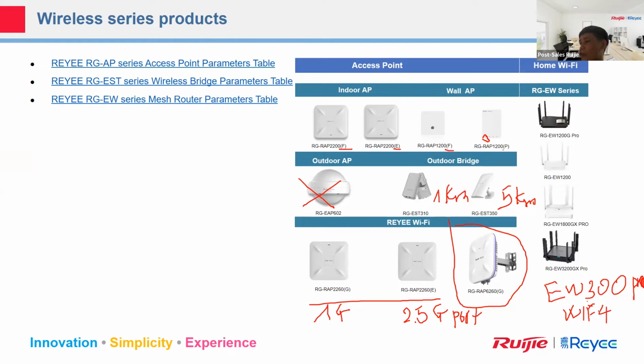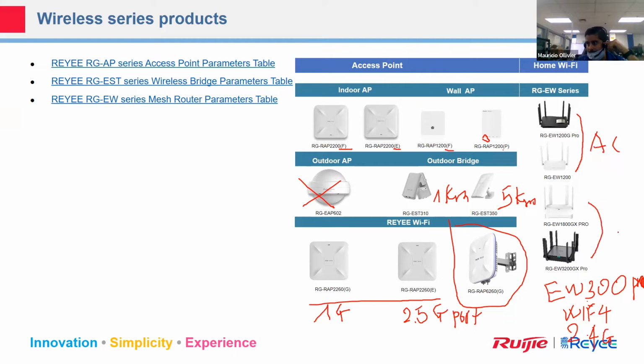This Wi-Fi 4 only supports the 2.4G band. And two models are Wi-Fi 5, AC Wi-Fi, and two models are AX Wi-Fi, Wi-Fi 6. Okay, two Wi-Fi 6 and two Wi-Fi 5.